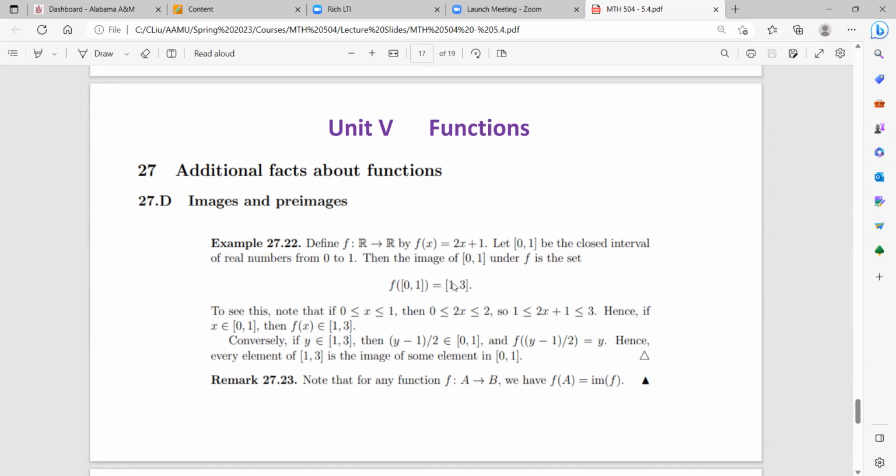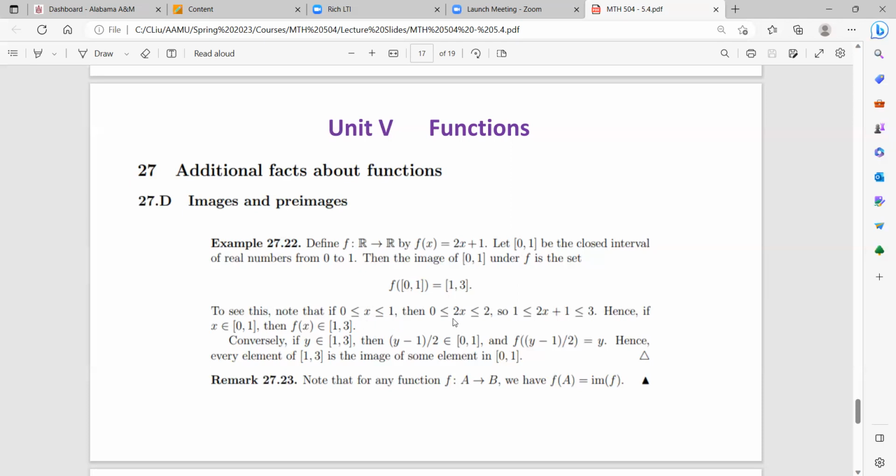It turns out that's from 1 to 3, because if you plug in 0 for x, you get 2 times 0 plus 1, so that's 1. And you plug in 1 for x, you get 2 times 1, which is 2, plus 1 is 3. So that's the closed interval from 1 to 3. Or you can easily prove this by inequalities, because the interval from 0 to 1, including 0 and 1, is equivalent to the inequality x greater than or equal to 0 and less than or equal to 1.